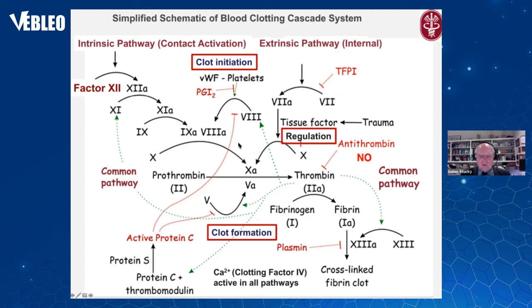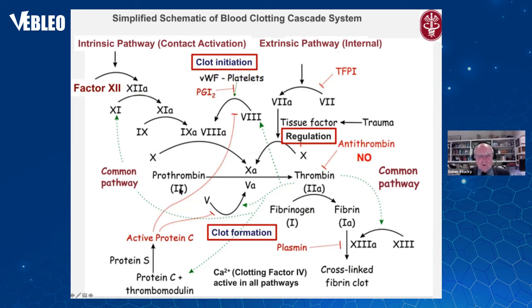Then there's also the clot formation part of this pathway, which is shown here. The two initial pathways, intrinsic and extrinsic, meet in what's called the common pathway, shown here. This is like the engineer.